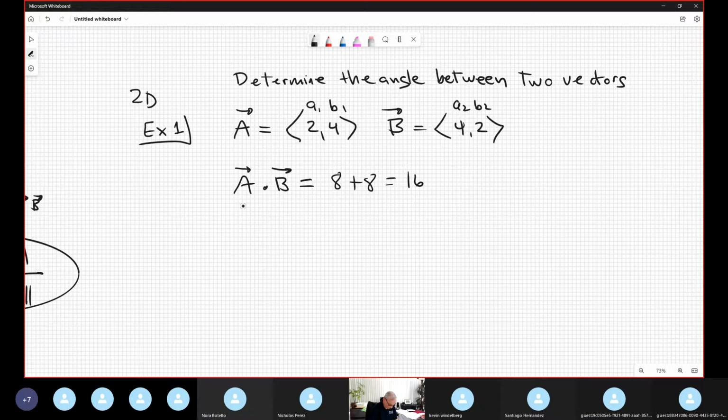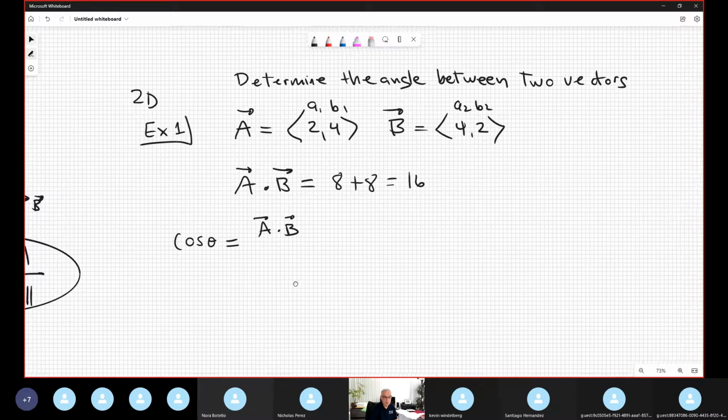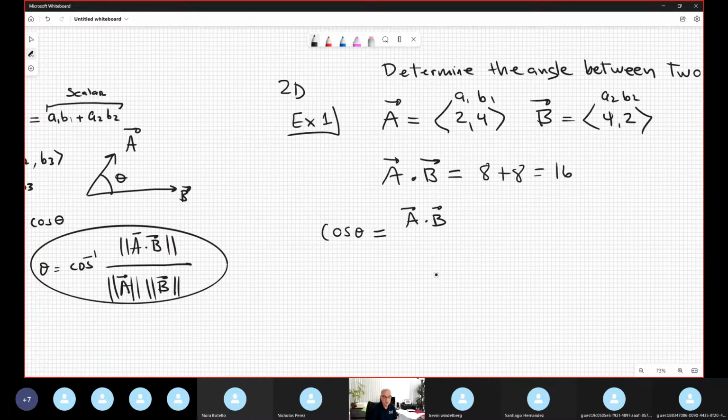Now I want to use the formula. The formula says cosine theta is equal to dot product. And in this formula, when I explain this, I put magnitude. It has no sense to talk about magnitude of this because dot product is a scalar.